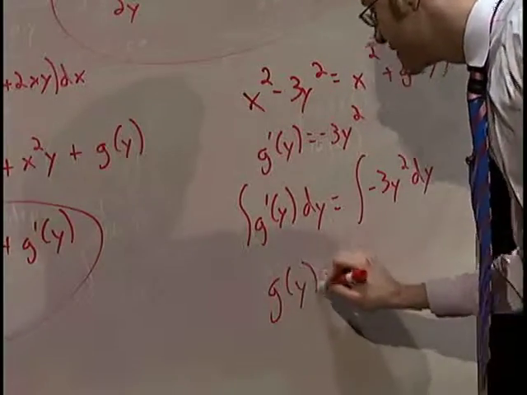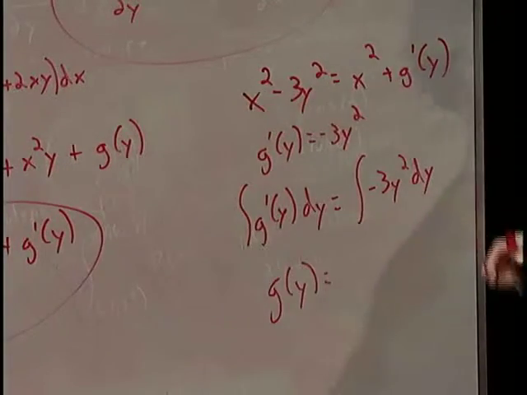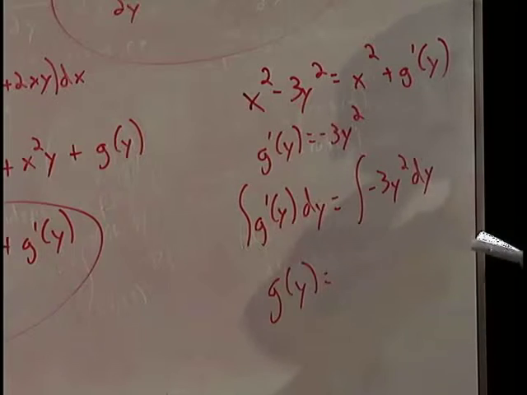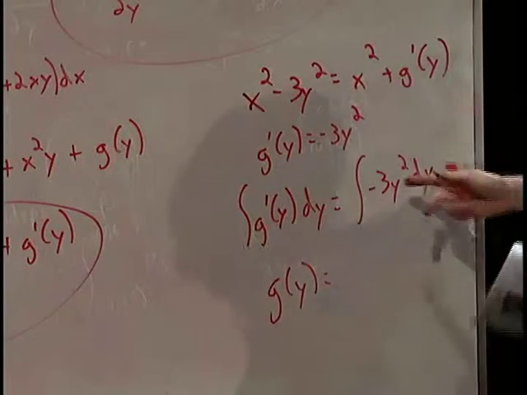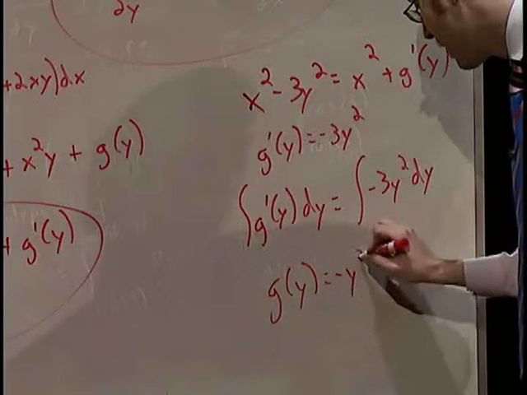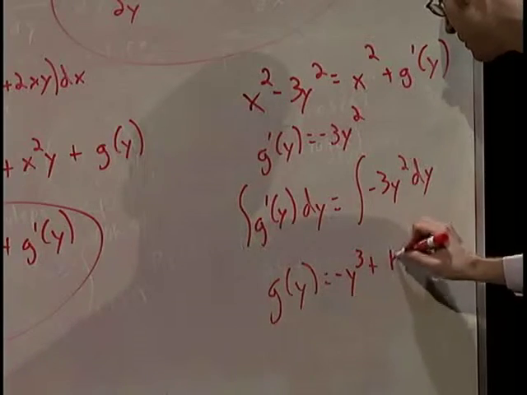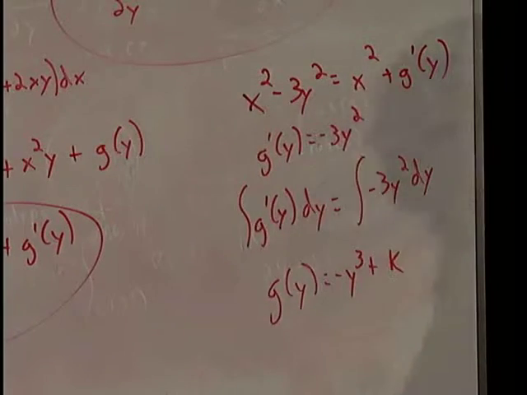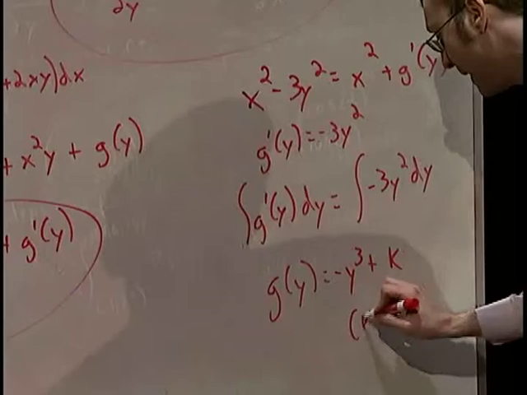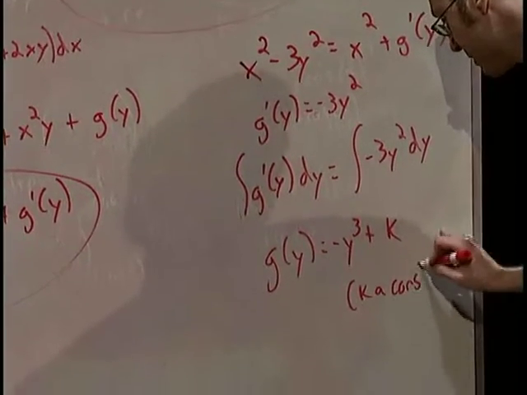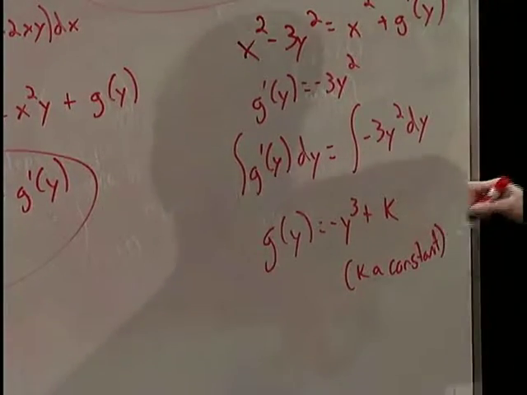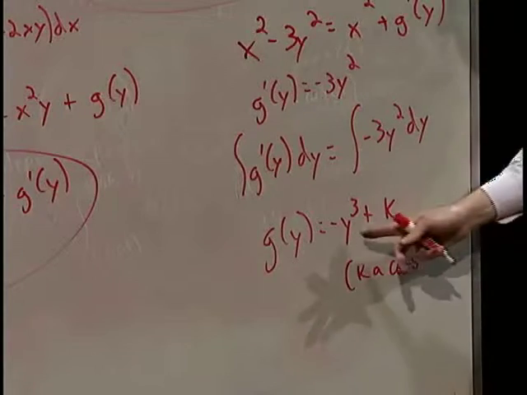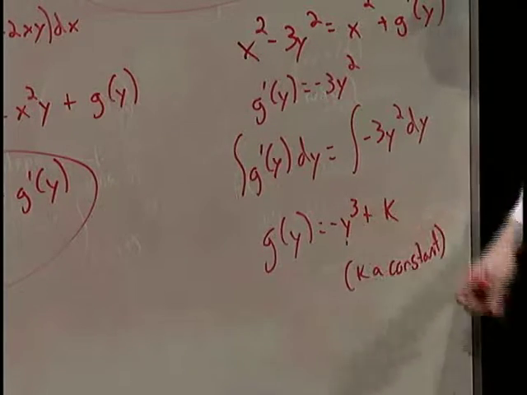What comes out of this by FTC is g of y, right? What comes out of the other side is negative y cubed plus a constant, right? So k is a constant, right? So this is the function g of y.